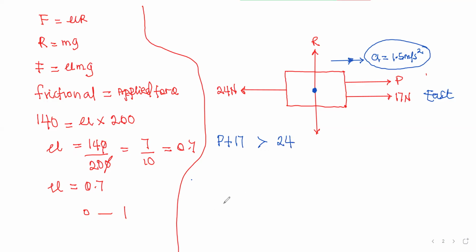So from Newton's second law, every acceleration F is equal to ma. Let's determine the value of the resultant force F. The difference between forces due west and forces due east is the resultant force.